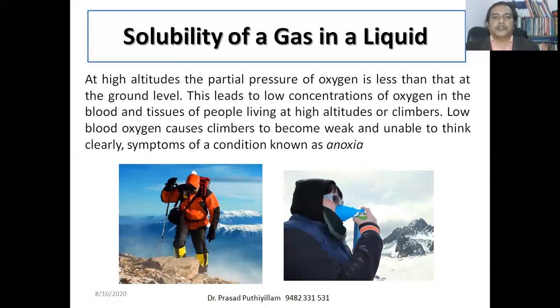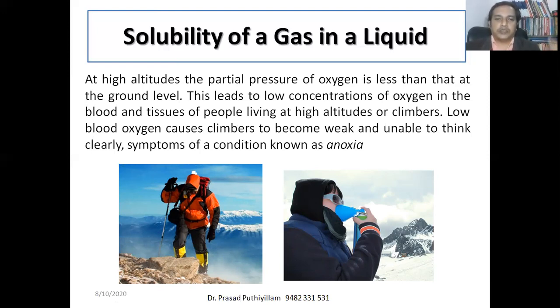Even at high altitudes, people live at high altitudes, or climbers, people who have the hobby of rock climbing. This is not simple rock climbing that I am discussing here. Going to high altitudes means pressure is less. If less pressure is there, the dissolution capacity of oxygen will be less.